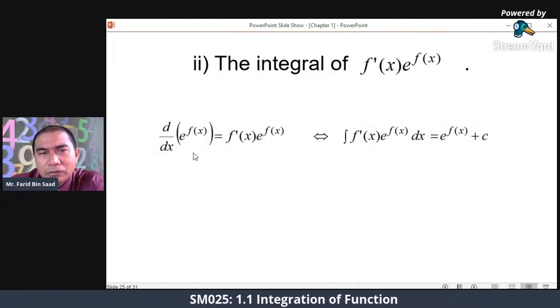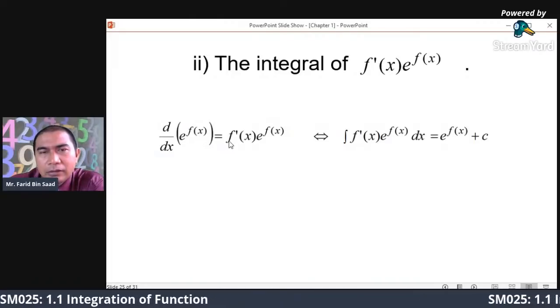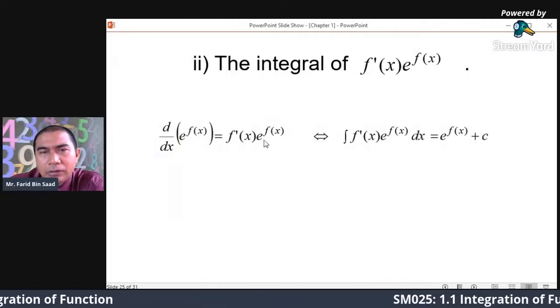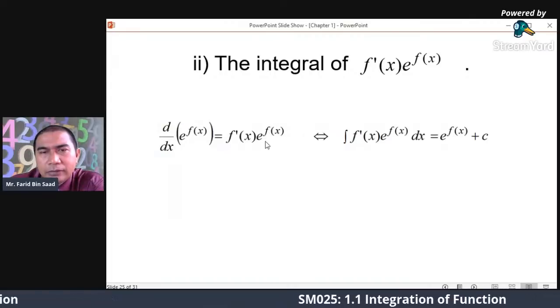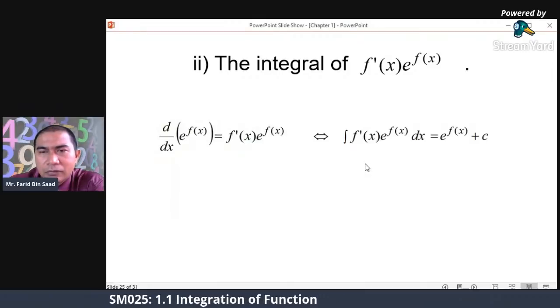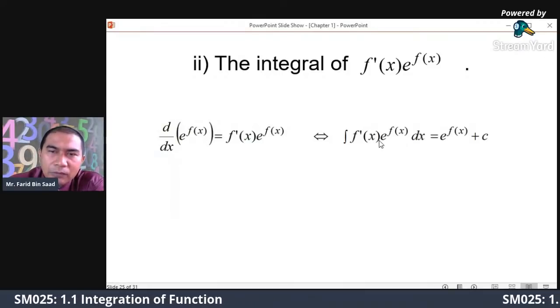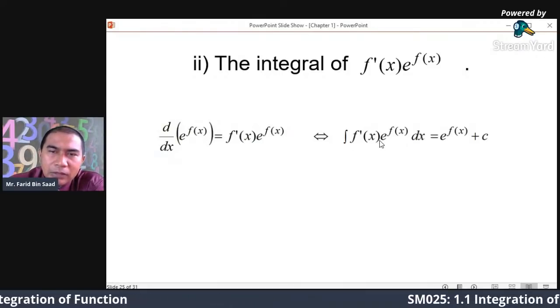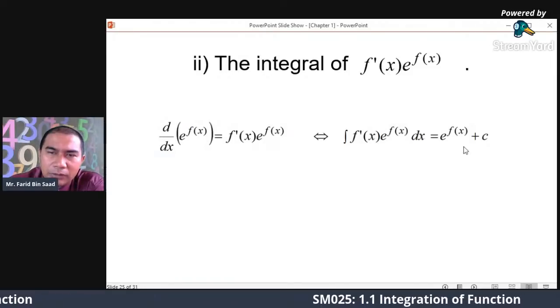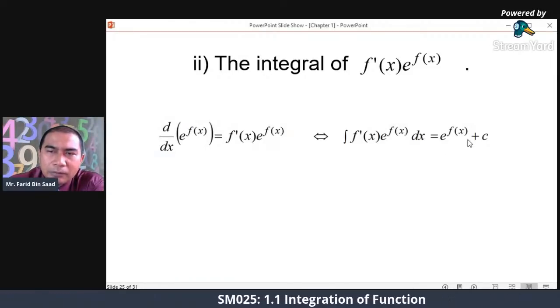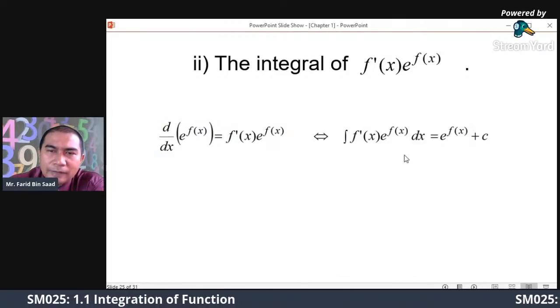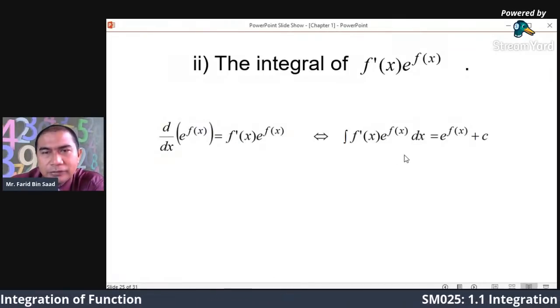Please remember, when we differentiate e to the power of f x, we get f prime x times e to the power of f x. Please remember this one. And when we integrate the form f prime x times e to the power of f x, we get e to the power of f x plus c. Yes, plus c. Okay, next.